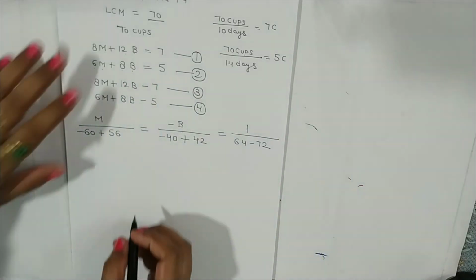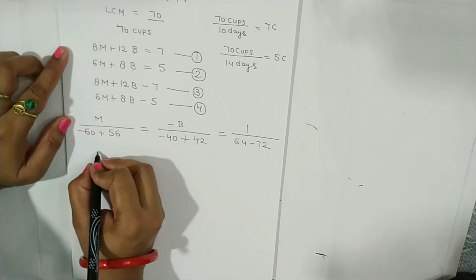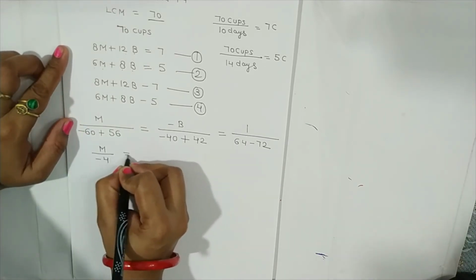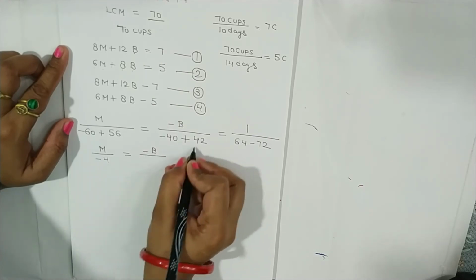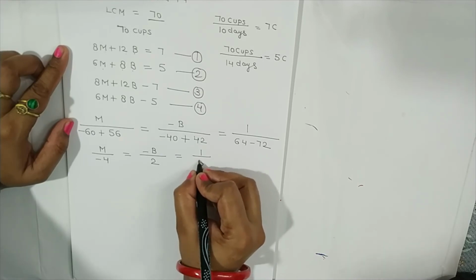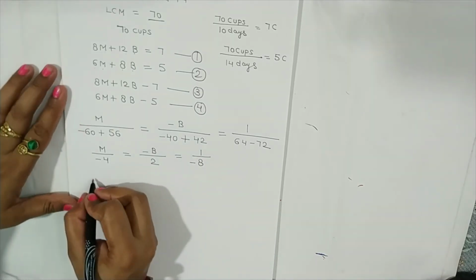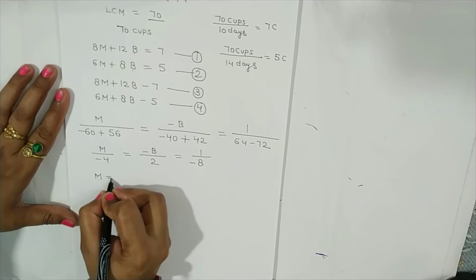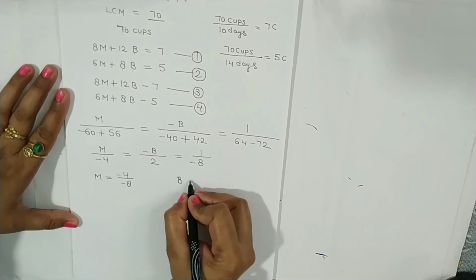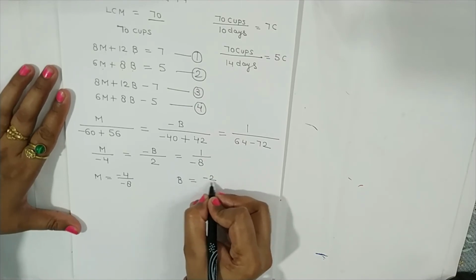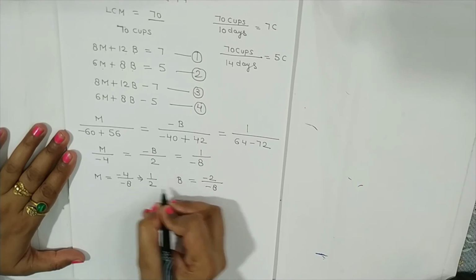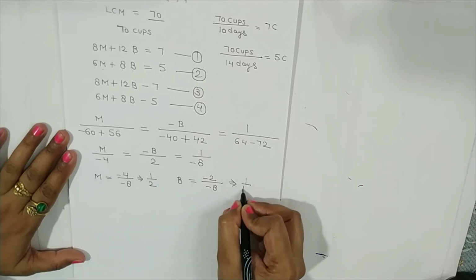Okay. Then we have to solve. So it becomes m upon minus 4 is equal to minus b upon 2 is equal to 1 upon, oh sorry, minus 8. So m is minus 4 upon minus 8. b is equal to minus 2 upon minus 8. So it will be 1 upon 2. It will be 1 upon 4.